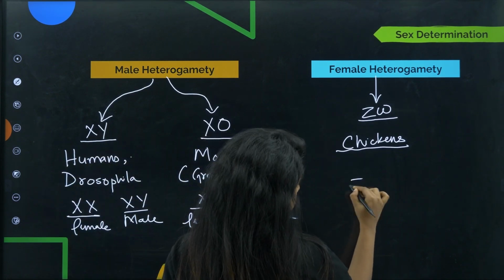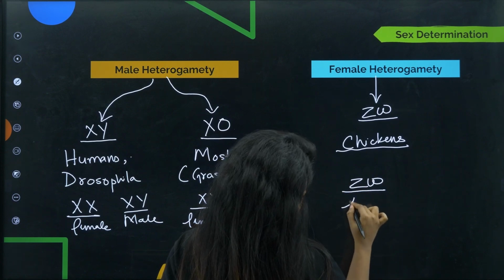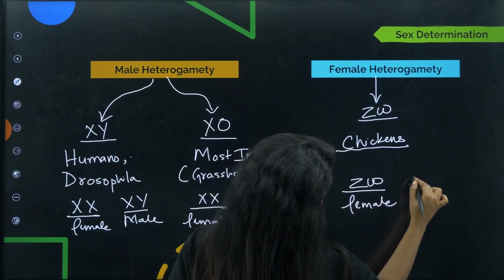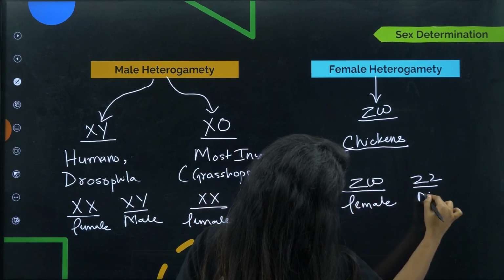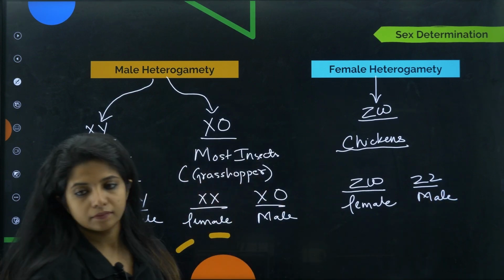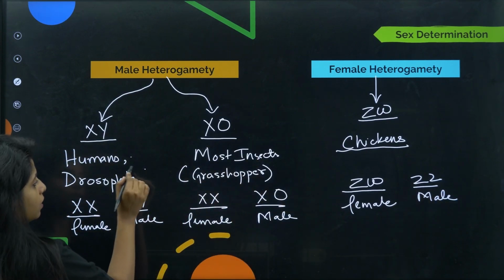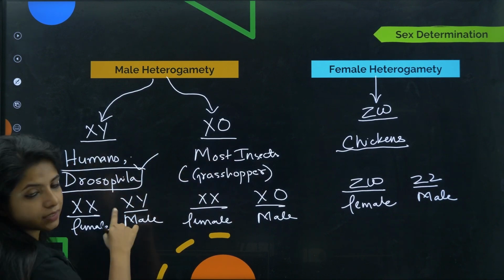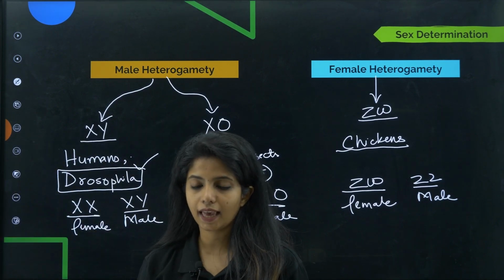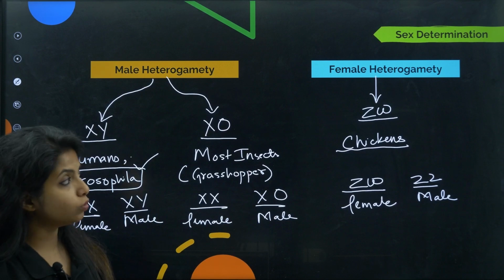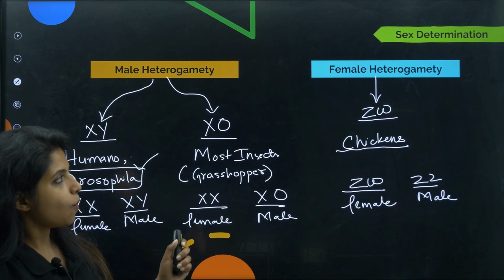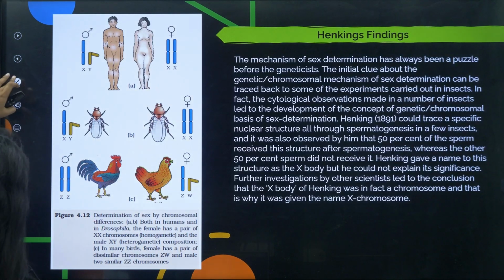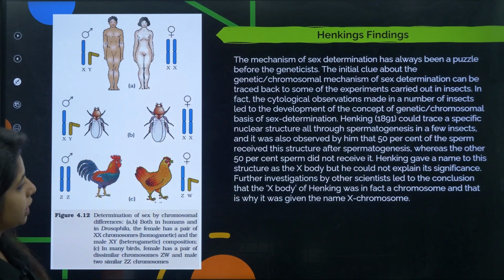Over here, ZW is the female and ZZ is the male. Done. So please think Drosophila as an exception to this thing. It's also an insect, but it is having XY. Cool. And there is one more insect, honeybee, about which we will be studying, but before that we have to look for this. Chalo, let's start.